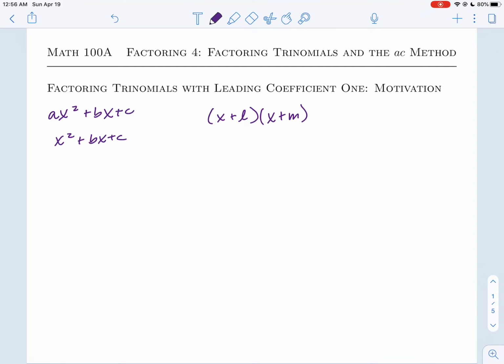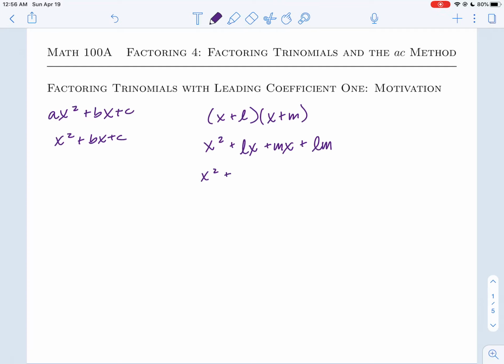And we're actually going to work backwards. I'm going to multiply it back out to get to that standard form so that we can see what those two numbers should be when I start with a problem in that standard form. So multiplying this out, I'll get an x squared term, I'll have an Lx, I'll have an Mx, and I'll have an LM term. And again, trying to get it to look like that standard form, I'm going to combine those middle two terms.